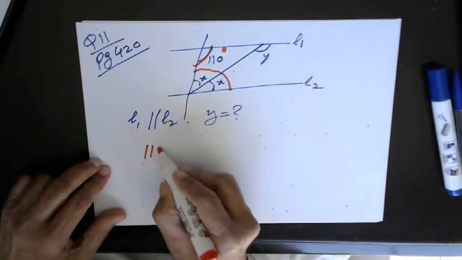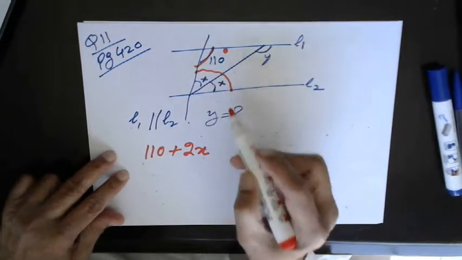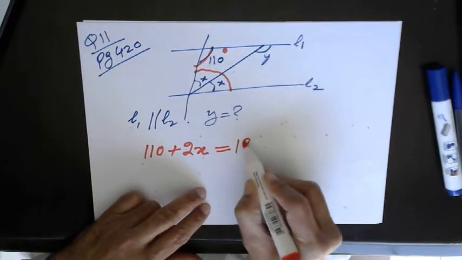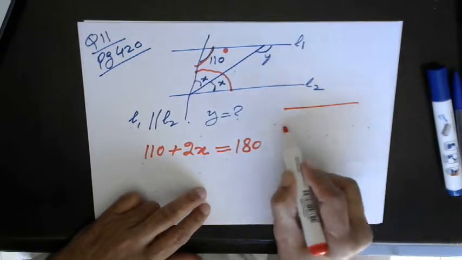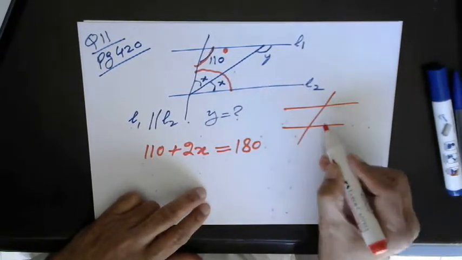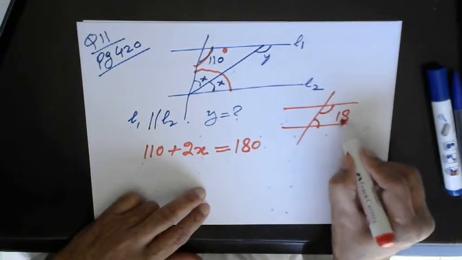So 110 plus 2x, x plus x is 2x, is equal to 180. I'm sure you know this. When two lines are parallel and this is the transversal, then the sum of these two angles is 180.